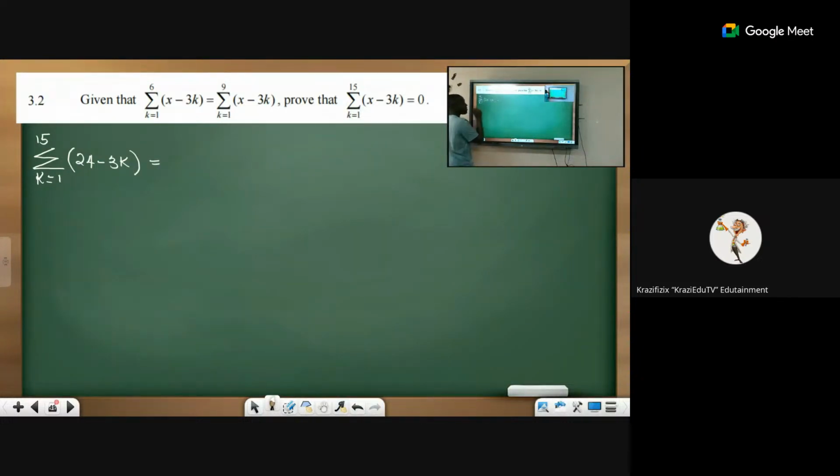This can be written as k equals 1 to 15, 24, no, 1 to 9, k minus 3k, then, what will this be? 10 to 15, 24 minus 3k. This is what I'm thinking in my head. 1 to 9, 10 to 15. 1 to 9, 10 to 15. Yes.